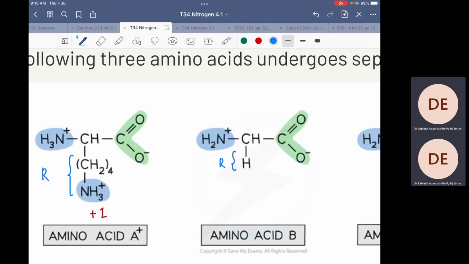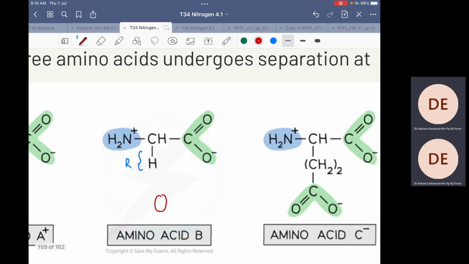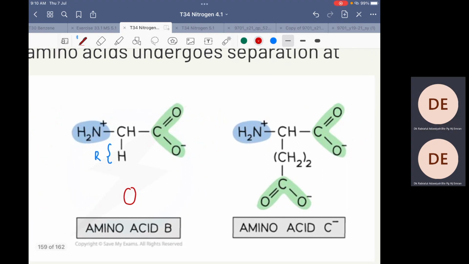So this is a neutral molecule. It's not an ion. And then the last one, amino acid C. The R group this time contains a COOH group which has been deprotonated.